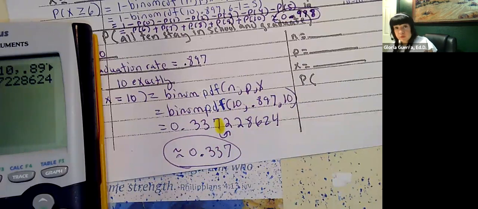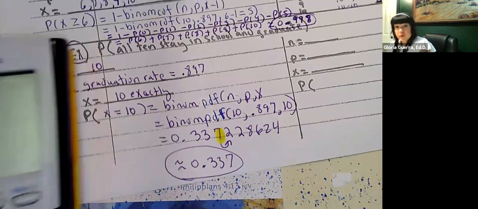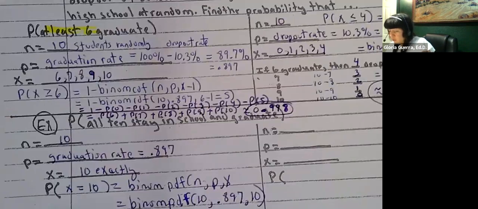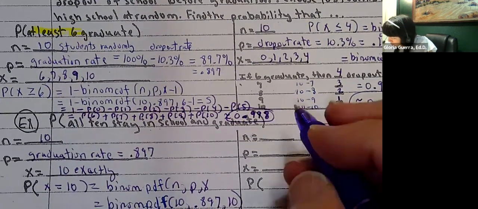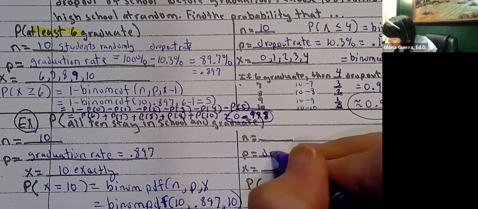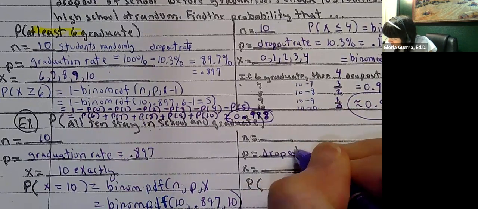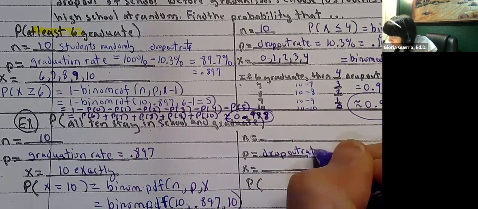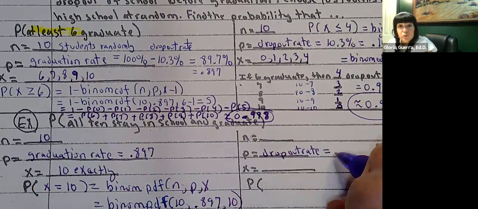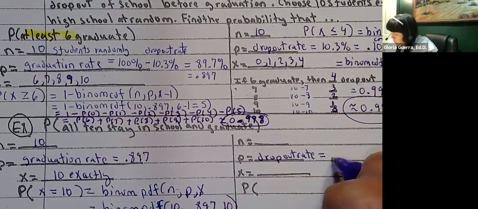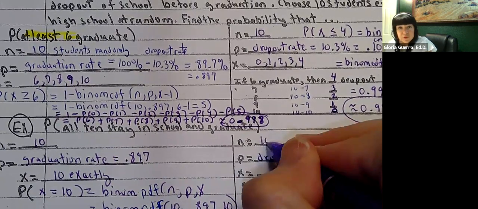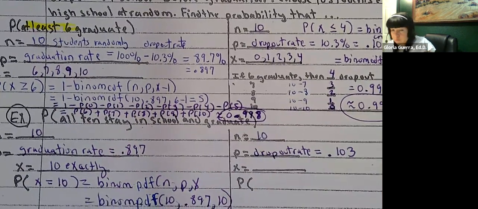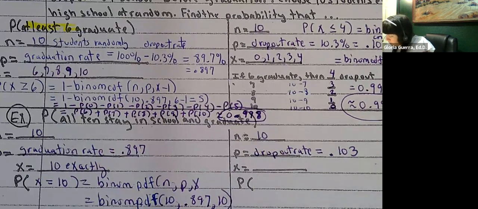All right. Okay, now we're going to do this problem again and we're going to get the same answer, but now we're going to do it from the perspective of the dropout rate. So this is going to be looking at the dropout rate, and they tell us that it's 10.3%, so that's 0.103. And N, we're still randomly working with 10 students. Okay, but now let's see what our X is going to be.